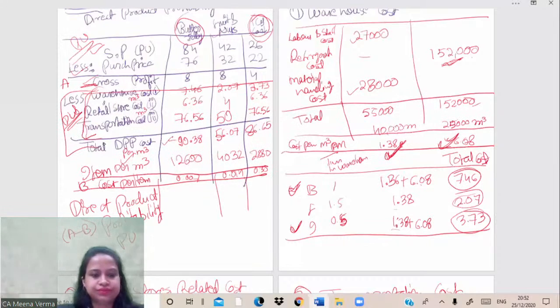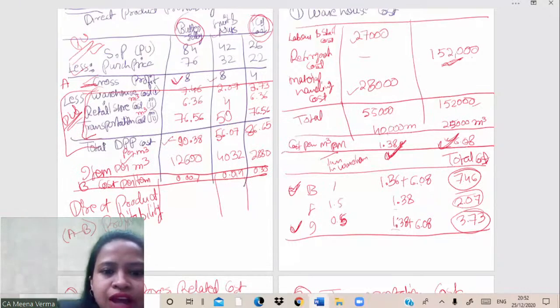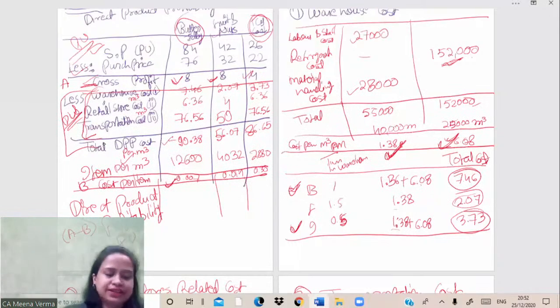So subtract out of the gross profit, subtract this cost per item. Subtract this value.